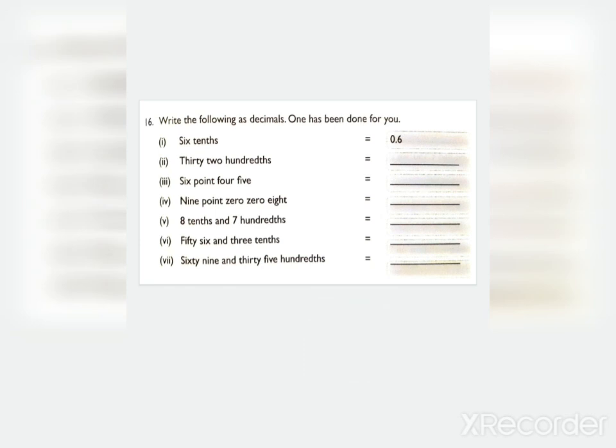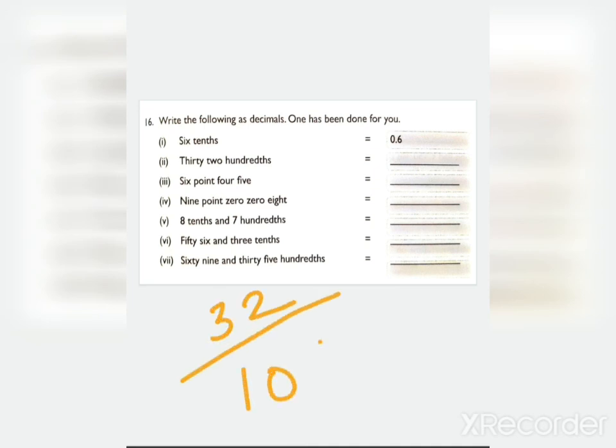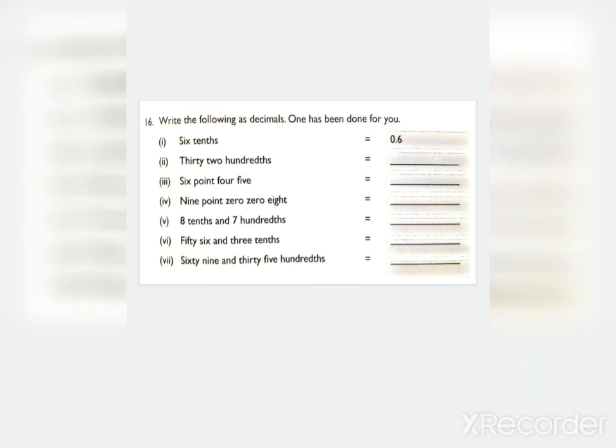Similarly, let's see the next one. It is 32 hundredths, so 32 by 100, so it will be 0.32. Now 6.45, you can easily write this as 6.45.